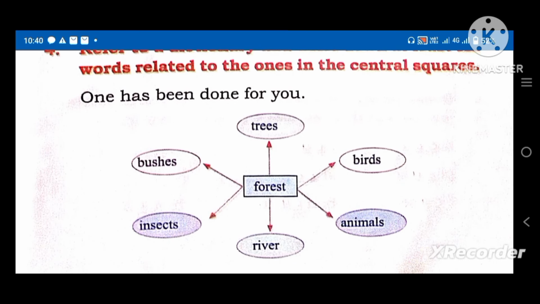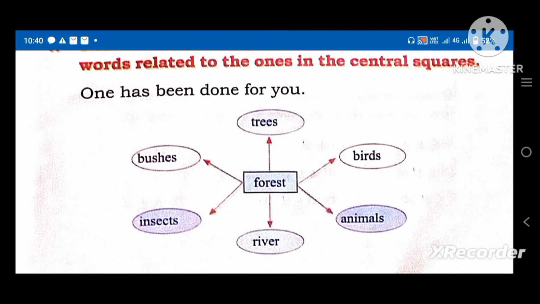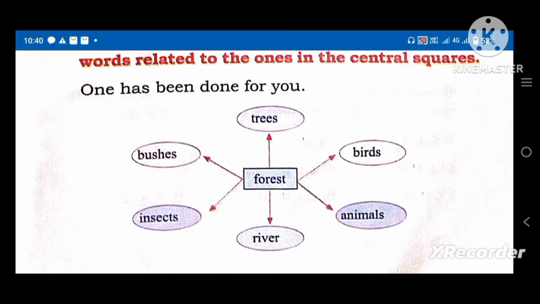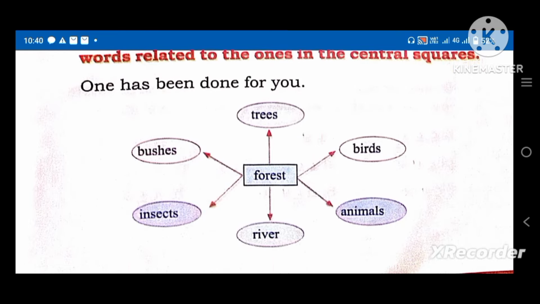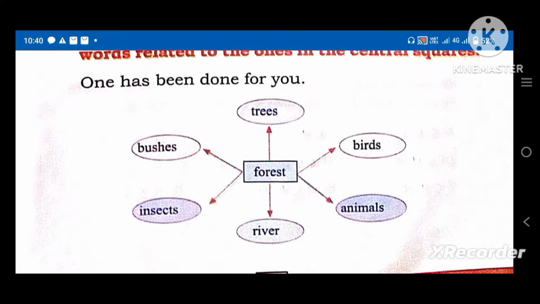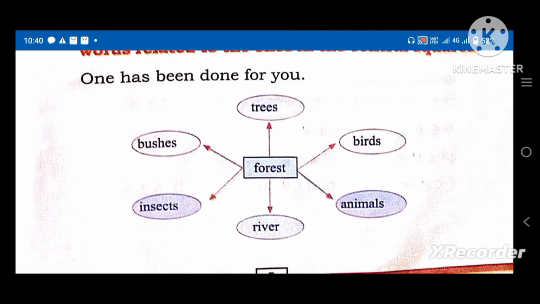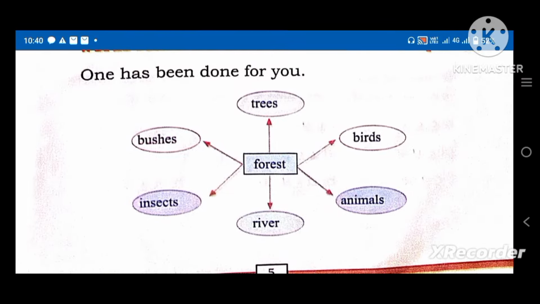Forest. In forest, these things are available: trees, birds, animals, river, insects, bushes.